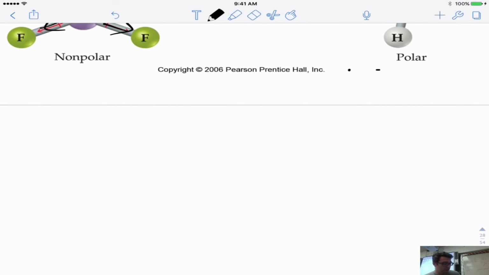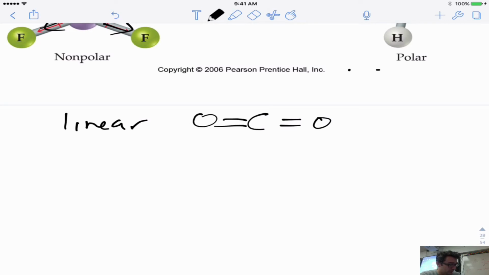If I have a shape that is linear, it depends on what's connected to the central atom. I could connect two of the same elements like we saw with CO2. Each of these O's will be pulling on electrons in opposite directions, like two people pulling on somebody's arms in opposite directions, and they'll cancel each other out, like a tug-of-war where both teams are equally matched.